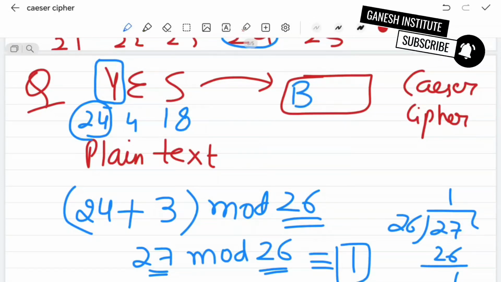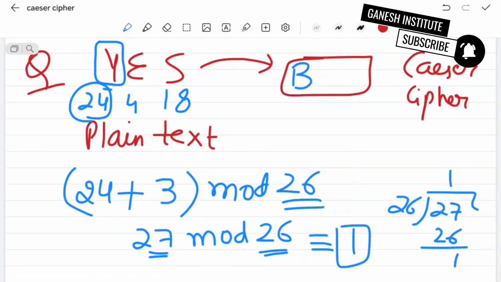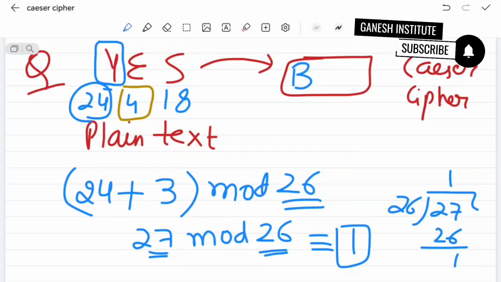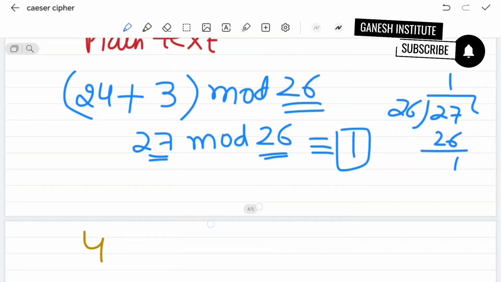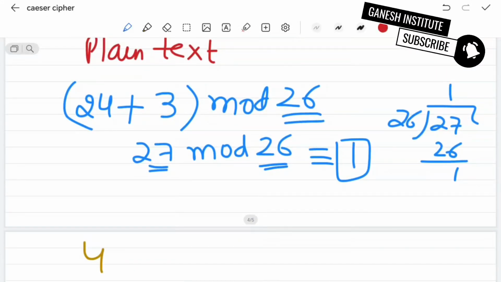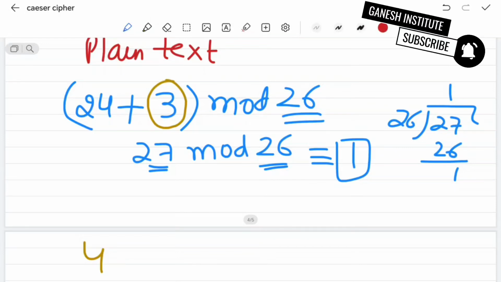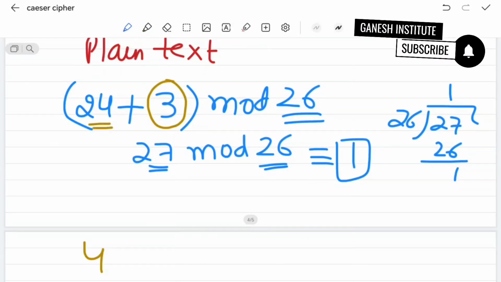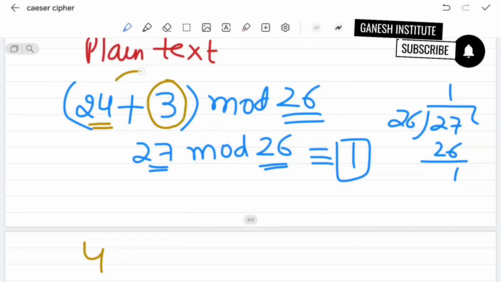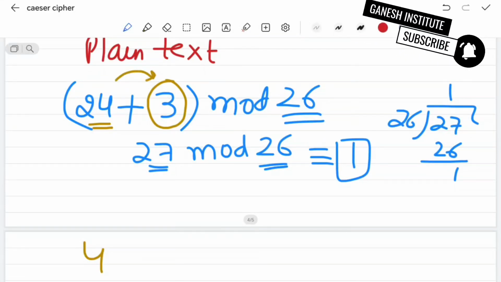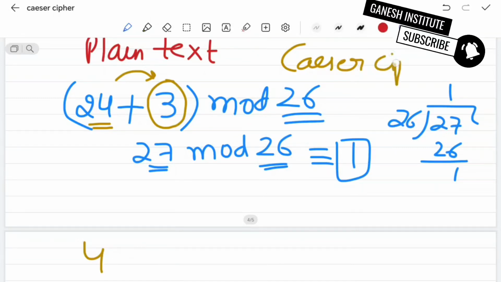Now E, we know here E is 4. When we say shift cipher, that means we shift the letter of the plain text by some places, and in Caesar cipher we do it for 3 places.